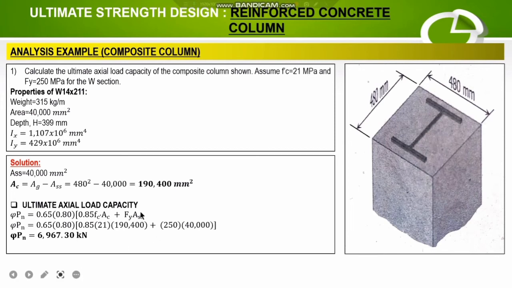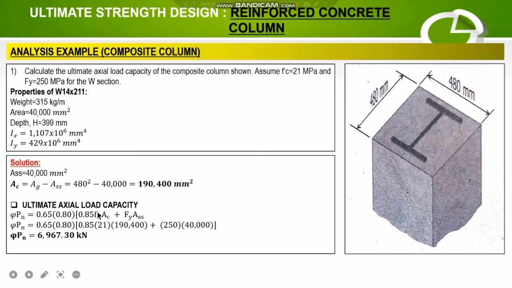So 480 squared is derived from the area of a square section, since it is a square composite section. So A sub C is equal to 190,400 mm squared.